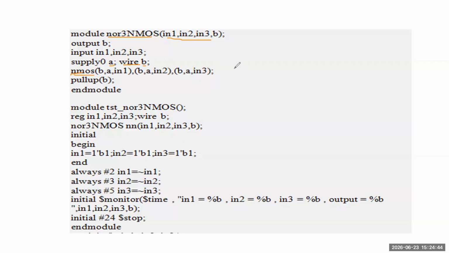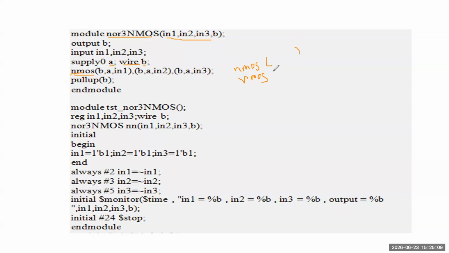We can instantiate the NMOS three times, or else we can instantiate the MOSFET for only one time, and we can give the inputs and outputs for the corresponding transistors separated by the comma.